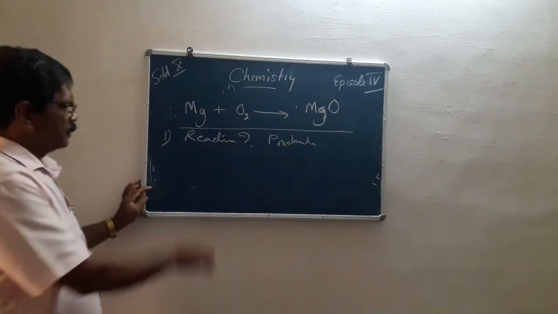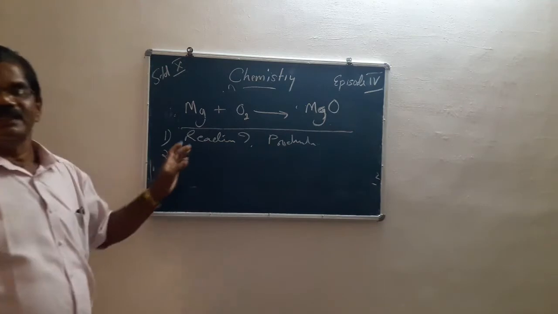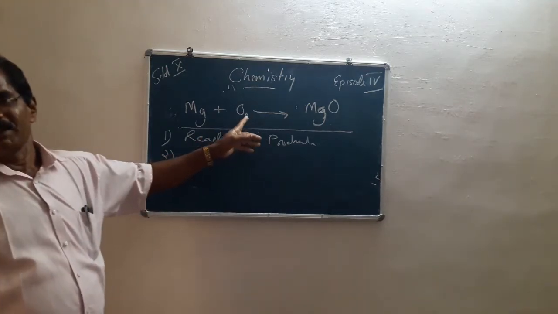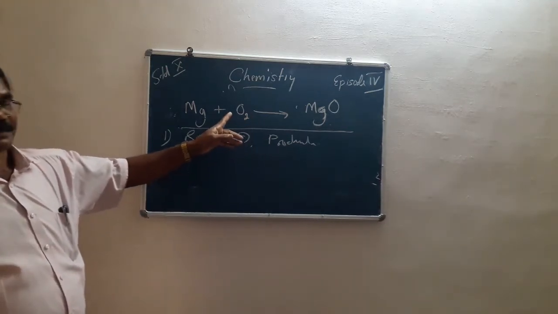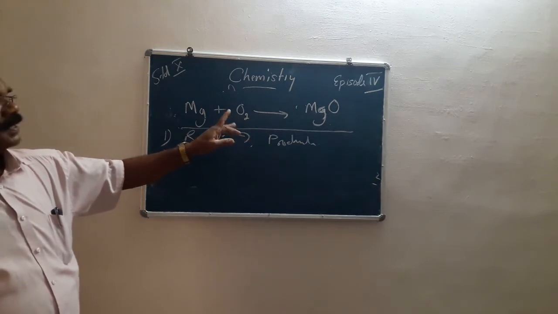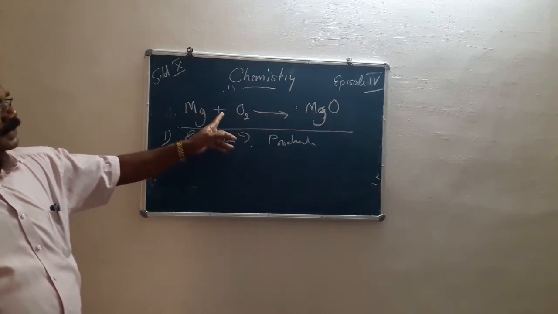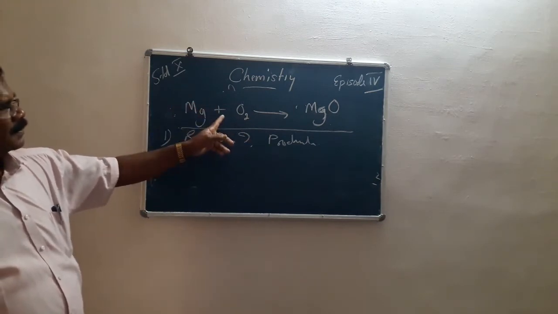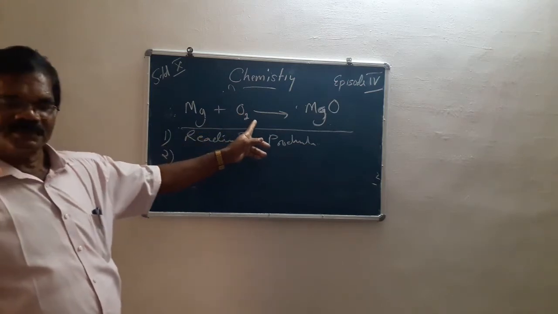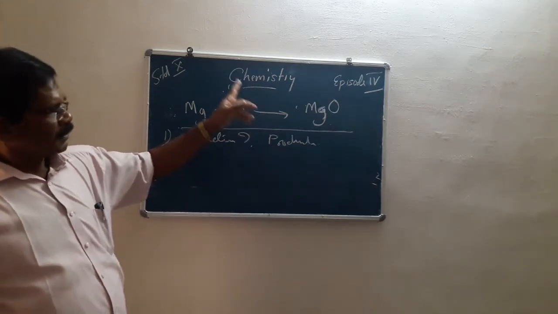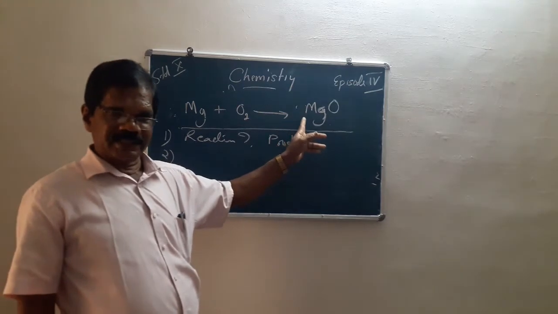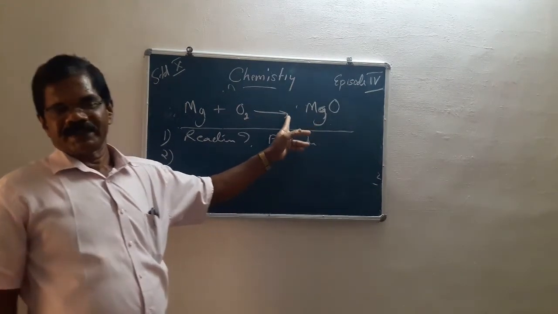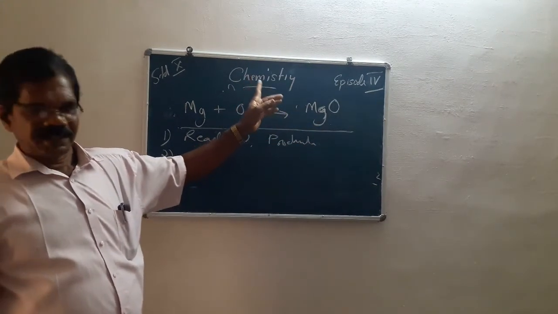Second, you ask yourself, what type of reaction is it? We have already studied several types of reactions. Is it a combination reaction, a decomposition reaction, or a displacement reaction?